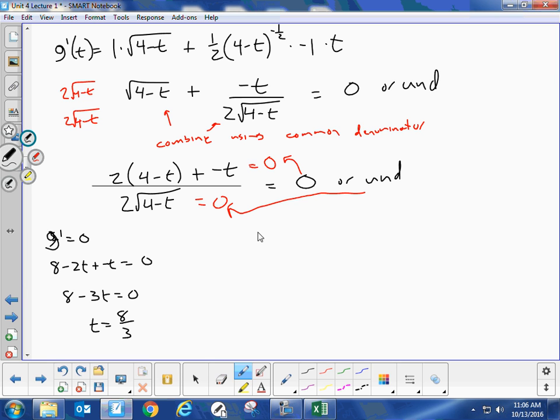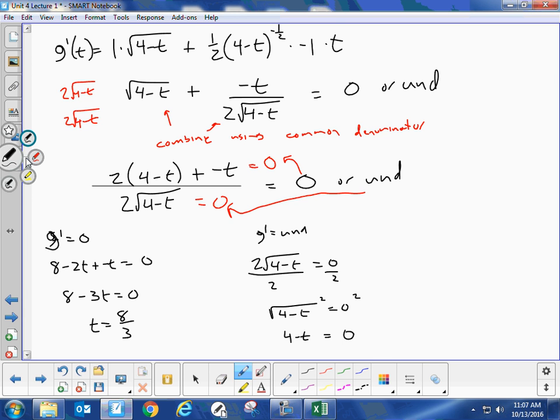And then I will see when g prime is undefined. That's when the denominator equals 0. Now, you can divide both sides by 2. 0 divided by 2 will get rid of the 2, but not change the right side. You can square both sides. When I square both sides, I get rid of that square root. And then I can solve for t.